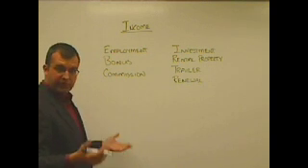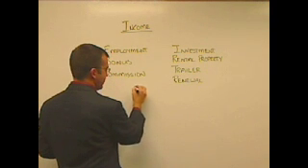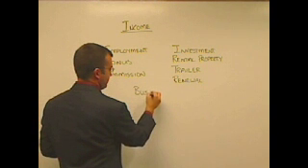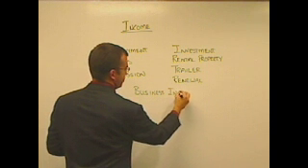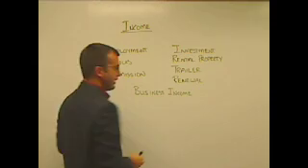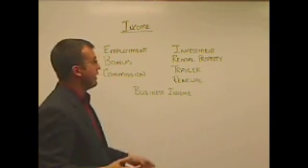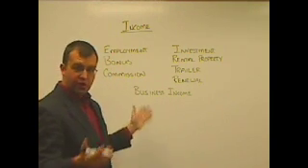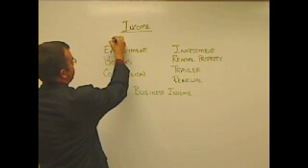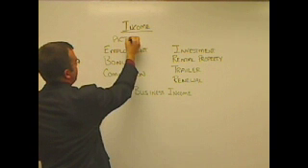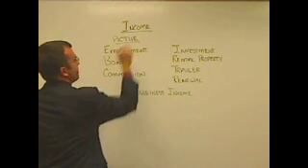If you happen to own a business, you might generate some business income. Now, some of you might have noticed that I've broken this down into 2 columns. What you'll see on the left side is what we call active income.